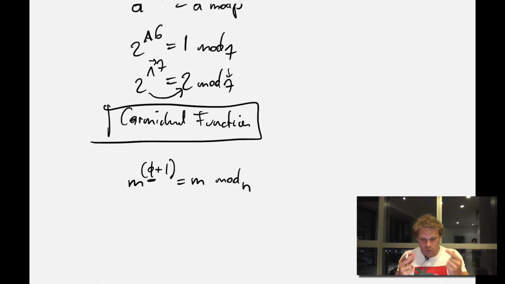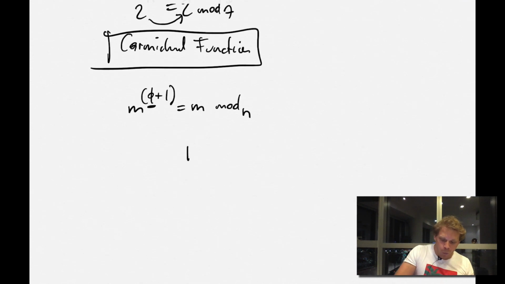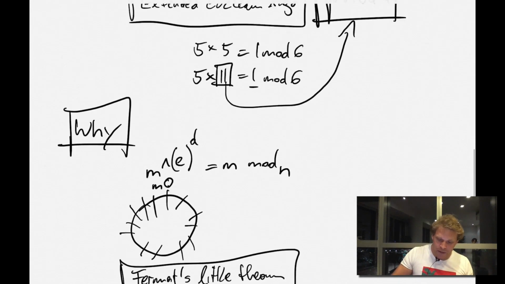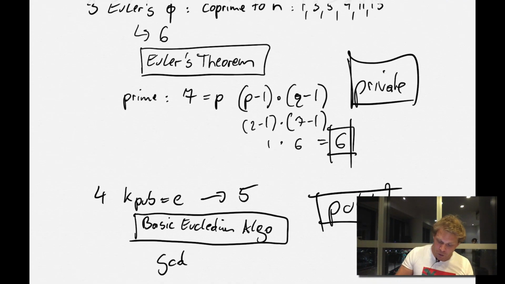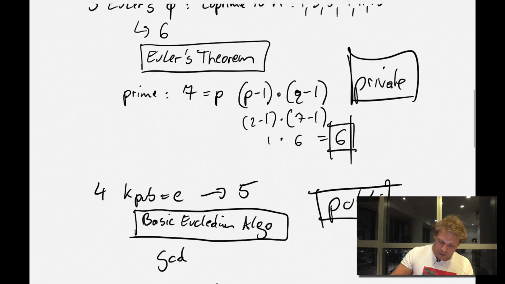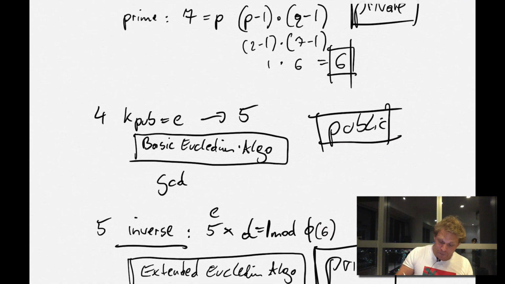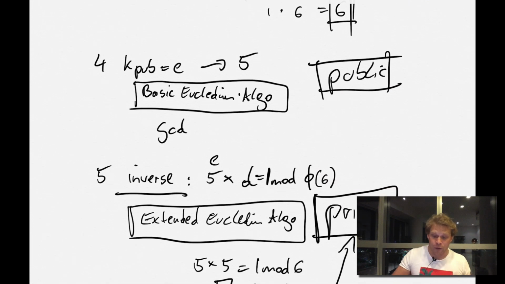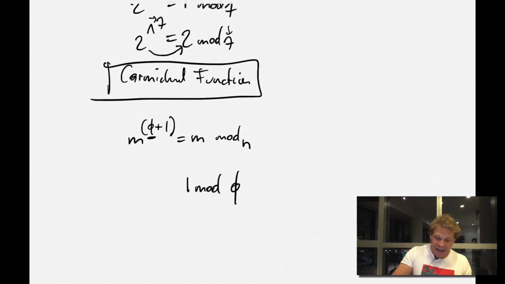And now you also understand why we need to do step 4 and step 5. Because if you think about it, 1 mod phi, which is exactly what we're doing here in step 4 to step 5, we're doing nothing else than calculating the inverse. So we are picking a number, which is the encryption key, and we ask this times what equals 1 mod phi.